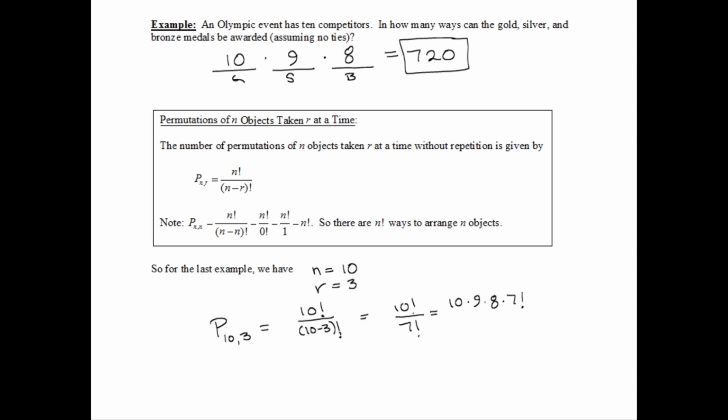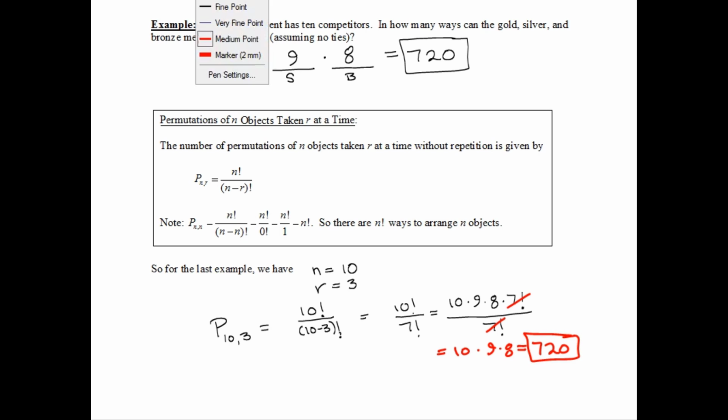So this last part we can write as 7 factorial. Then we've also got a 7 factorial in the denominator. And so this is equal to just 10 times 9 times 8, which is 720. So we can call this permutation 10, 3.